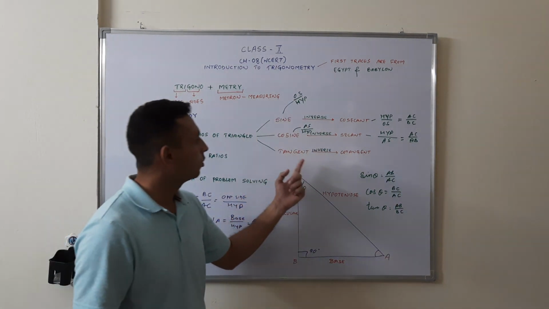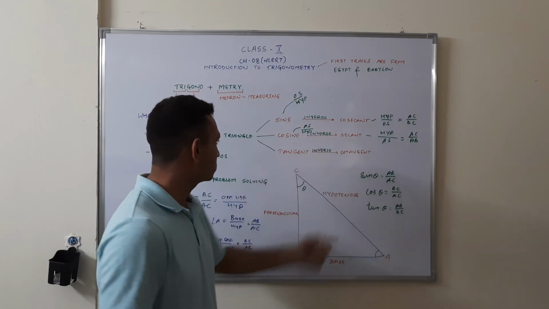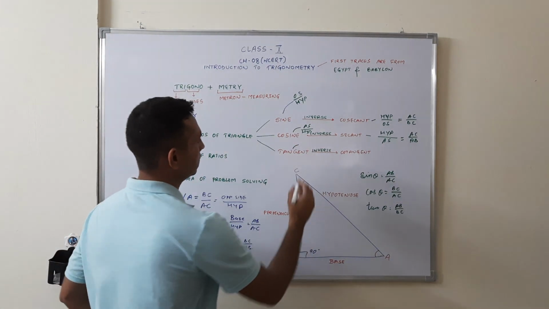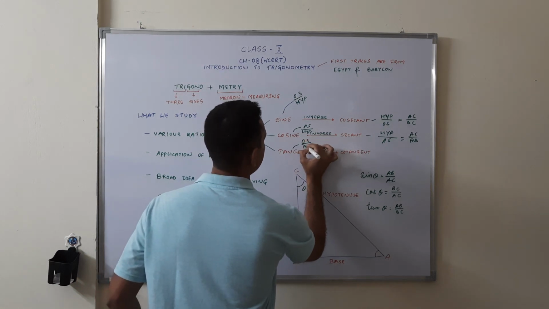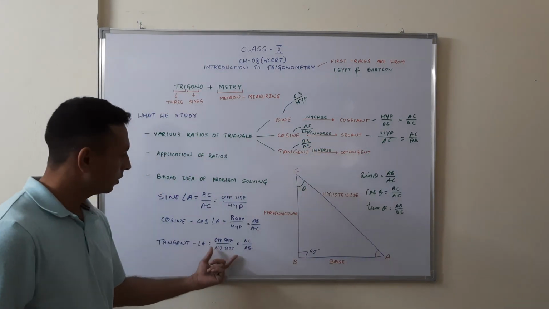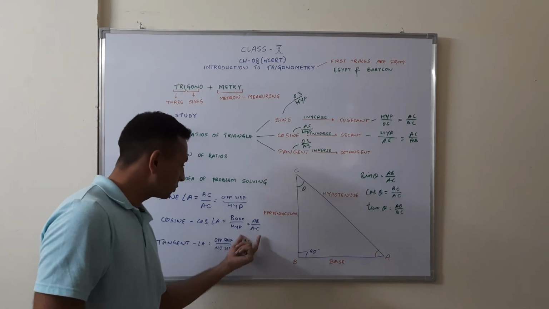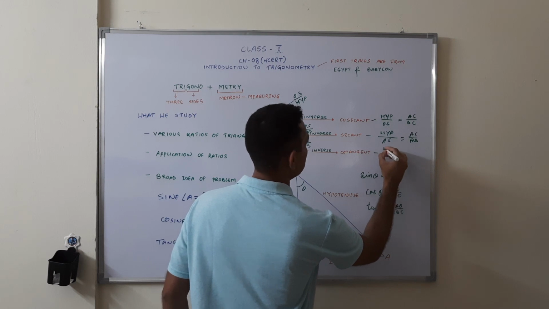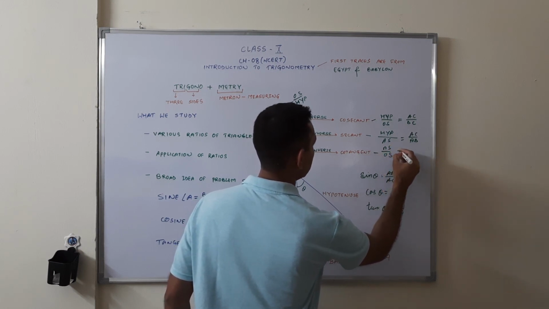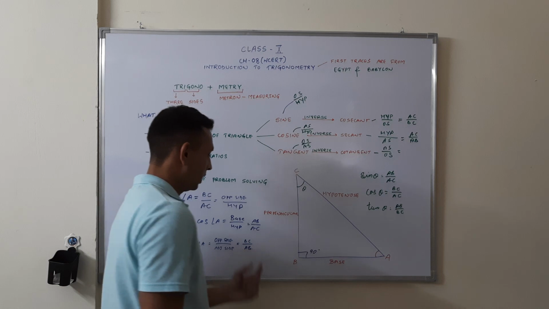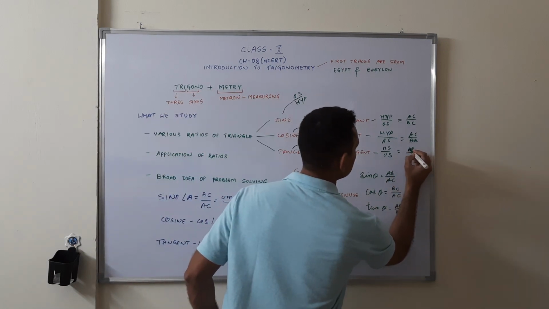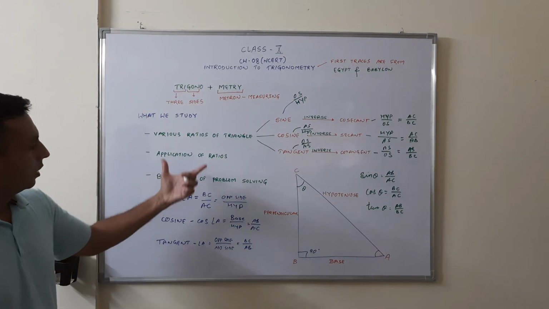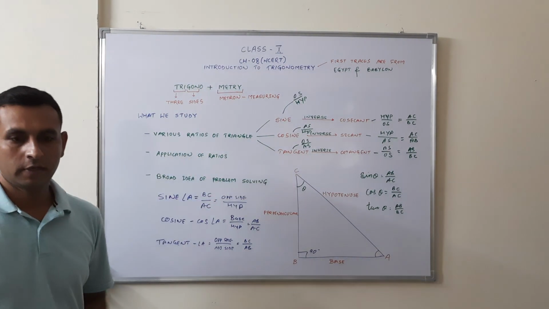Now this tangent was opposite side upon adjacent side, so this was BC upon AB. So for cotangent it will be adjacent side upon opposite side equal to AB upon BC. Okay, this is how these functions are defined.